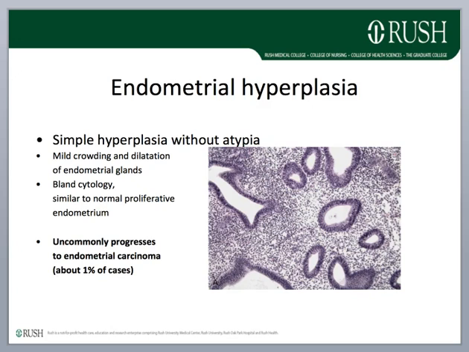The risk of progression of associated endometrial hyperplasia is demonstrated in the next few slides. In simple hyperplasia without atypia, there is an uncommon progression to endometrial carcinoma, 1% or less of cases.